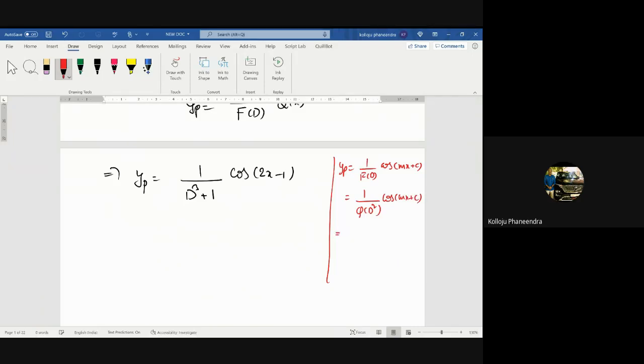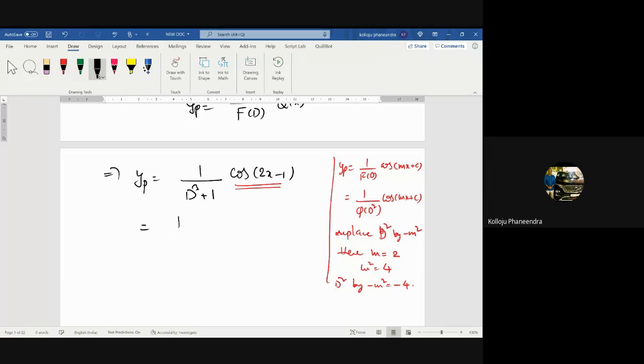Then replace D² by −m², remember, not (−m) whole square, it is m² multiplied by minus. Here the m value is 2, so m² is 4. So replace D² by −4.